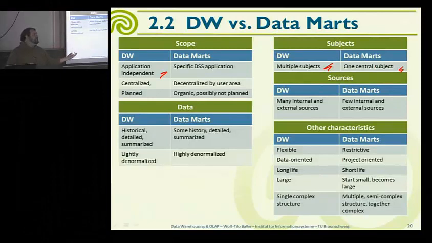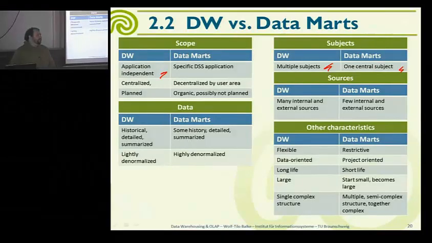You have a lot of distributed structures, which is, however, in itself easier to maintain. So the structure itself is probably more complex than the integrated data warehouse, the distributed structure, right? But each part of this distributed structure is simpler than the data warehouse. So decide what you need, right?